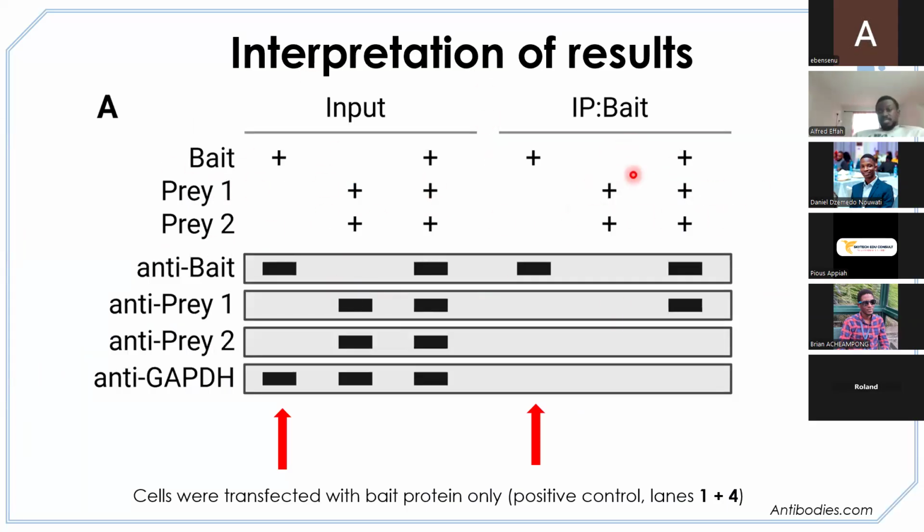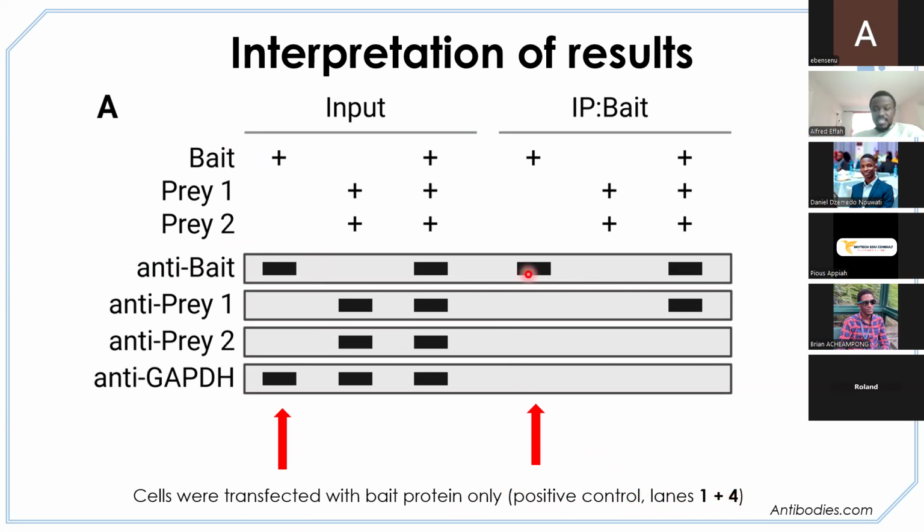Now, in this particular result, what they did was that they just transfected cells with either the bait, this protein, or this. So the first lane, they had cells that they just transfected with the bait, only the bait. And so if there's a cell whereby we have protein A in it, then when we stain for protein A, we should see protein A. So yes, it confirms that protein A is there, and that is a positive control.